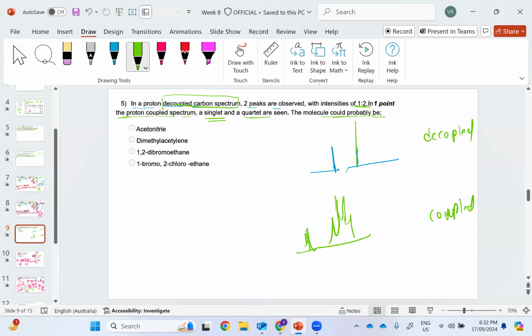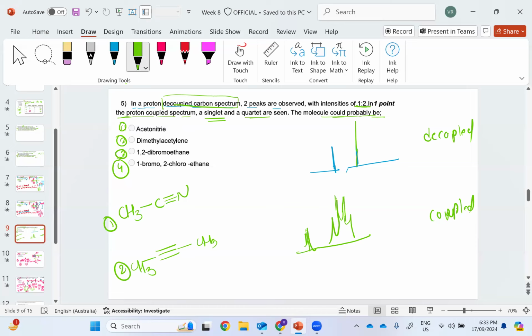All right. So we have been given 4 different molecules, 1, 2, 3, and 4. I will just draw the structure of each molecule. So this is CH3, C triple bond N. This is acetonitrile, right? This is not an option, but this is acetonitrile. Another is dimethyl acetylene. So here CH3 and CH3. This is the first, this is the second, dimethyl acetylene.